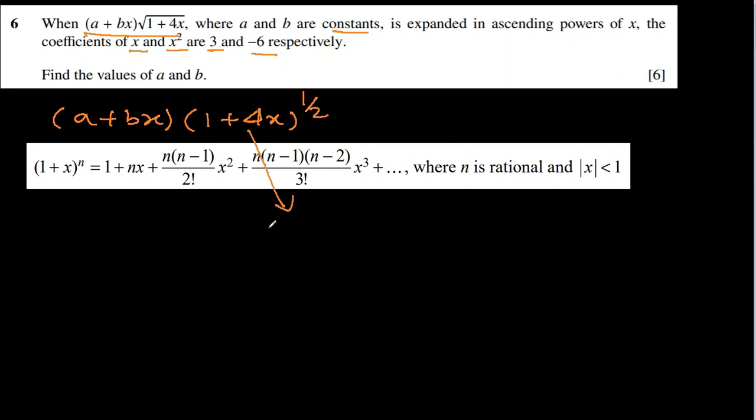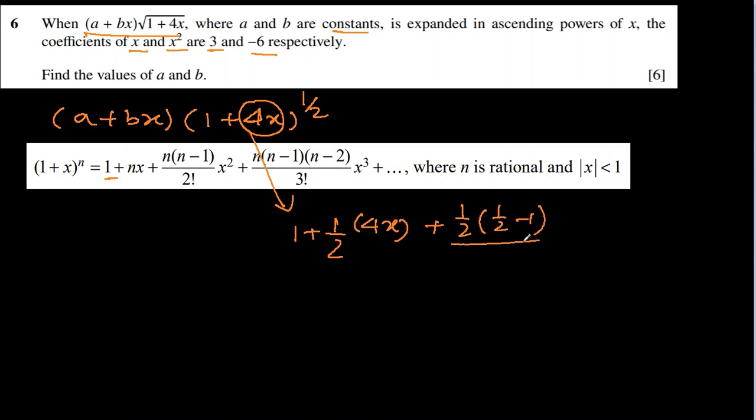It will be 1 plus nx, n is the exponent, which is half, and x is not x in this, x is 4x, so we'll multiply by 4x, and then next one will be n, which is half, then half minus 1 over 2 factorial, 2 factorial is just 2, multiply by x square, and x is, as I said, it is not x, it is 4x, so we'll write 4x square.